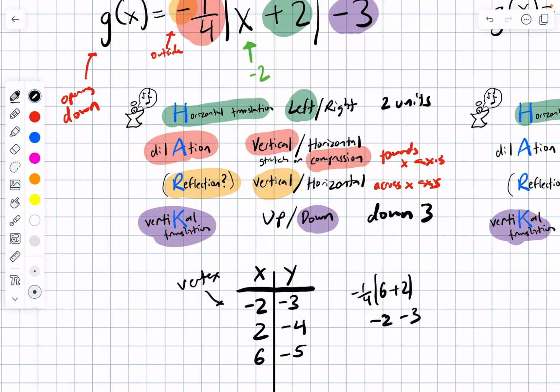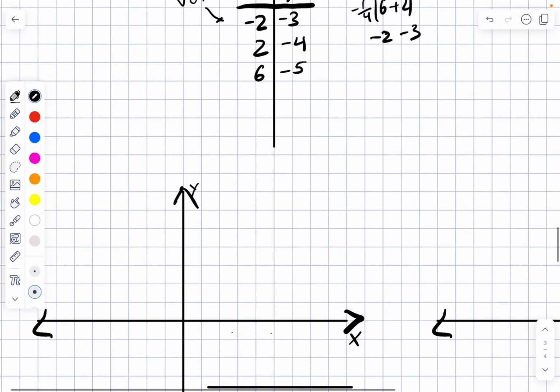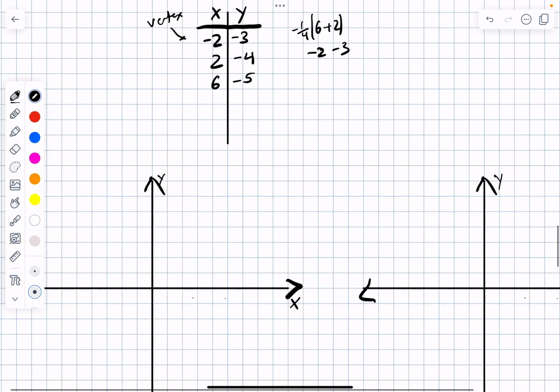Okay. And if I plug these points in so far, I have -2, -3; 2, -4; and 6, -5. Is this wrong?